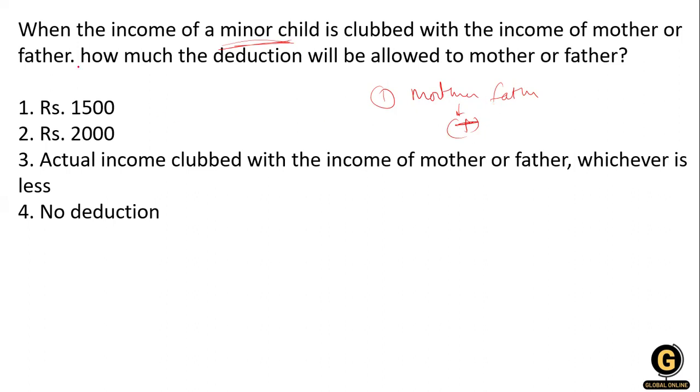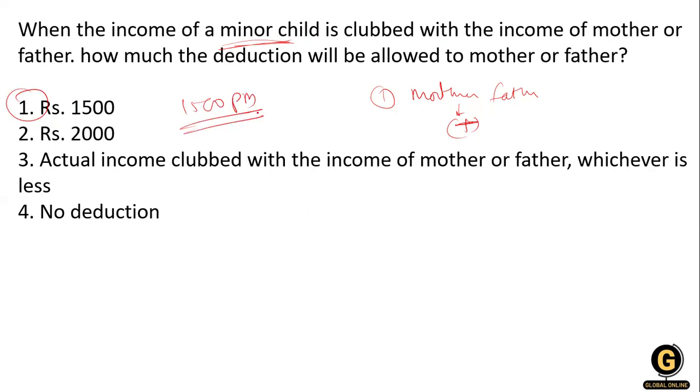Now the question is, when the income of the minor child is clubbed with the income of the mother or the father, how much deduction will be allowed? There is already a figure given in the tax pro forma, that is 1500 rupees per month. We have to add it.